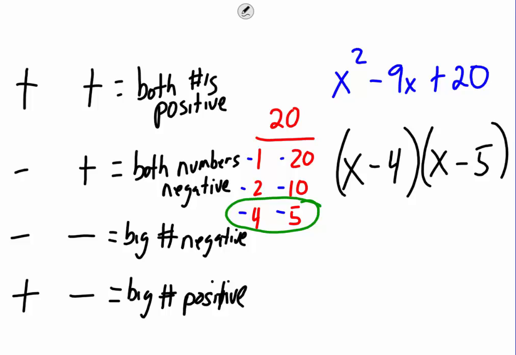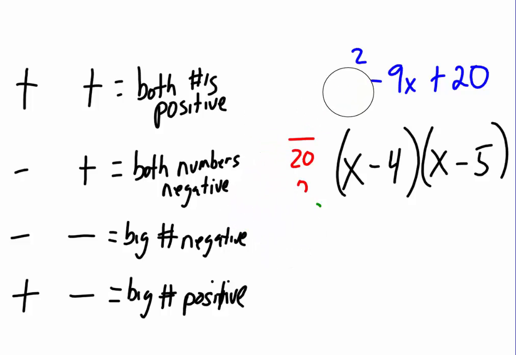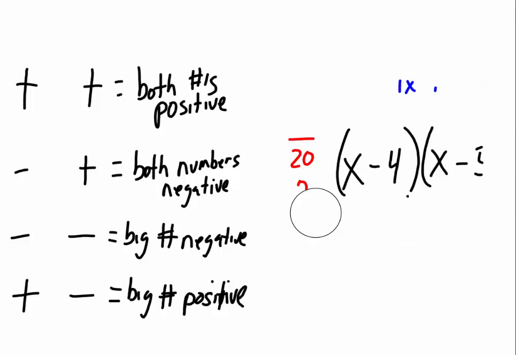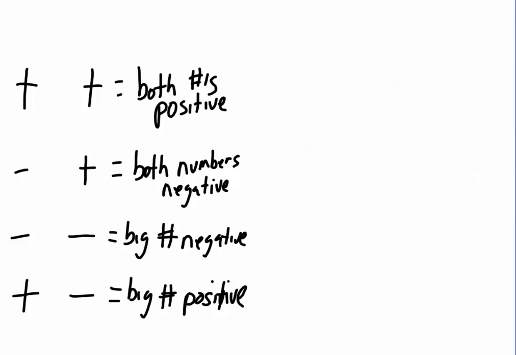One last one. Let's think here. What do I want to do? How about an x squared plus 3x minus 10? All right, so I look at the signs.